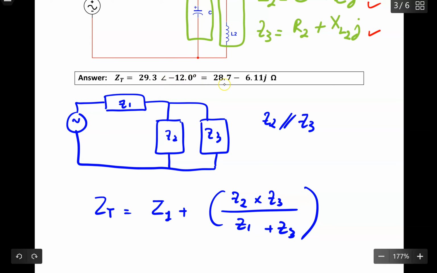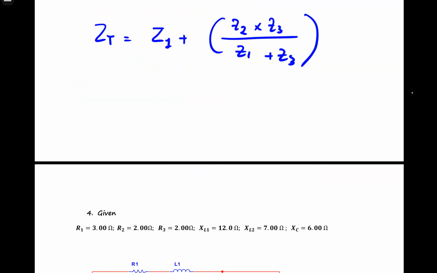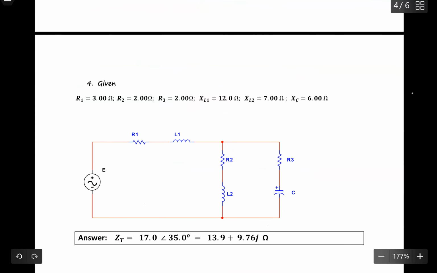To get these 3 significant digits, I actually use 4 decimal places in my calculation so that we stay consistent and maintain precision. Alright, I would like to move on to question number 4.